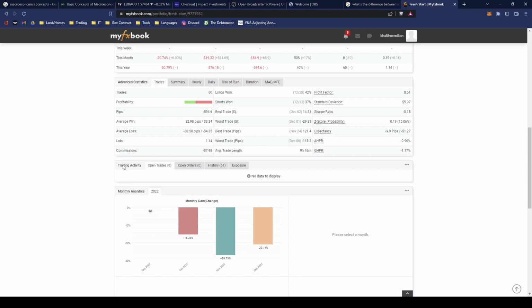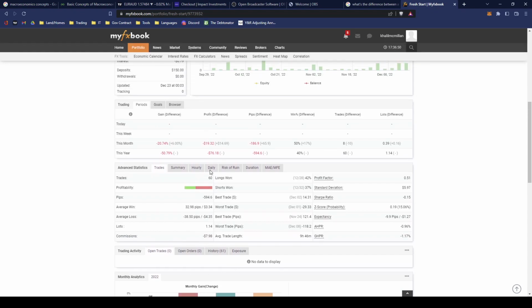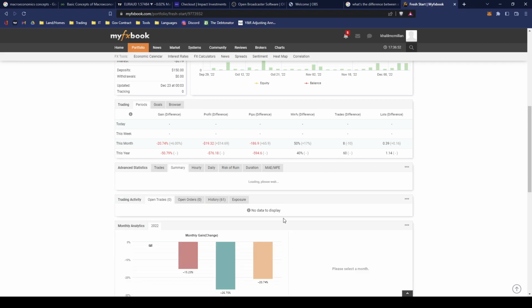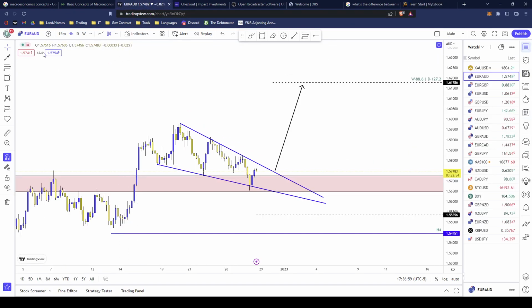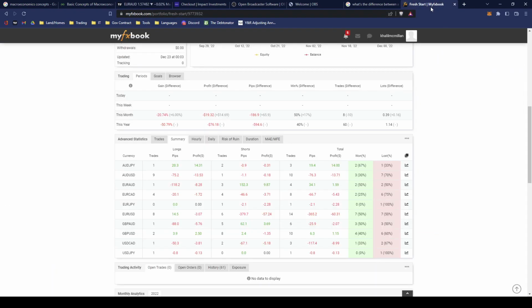So that was good. But this is the most important part about it. We can see a summary of the trades. We can see your pairs, and my most profitable pair is Euro AUD. 67% on that pair. Although I only took two trades, still 67% on this trade.